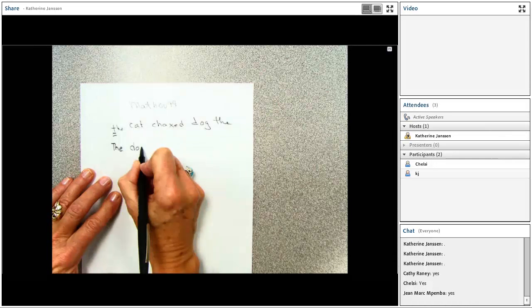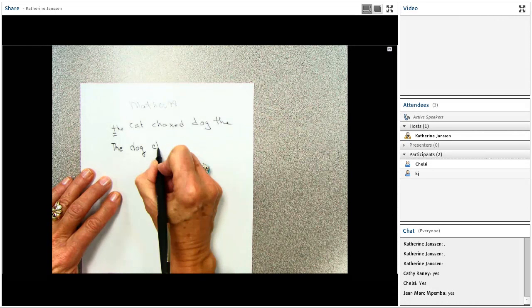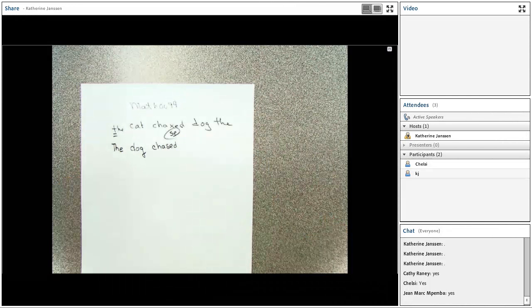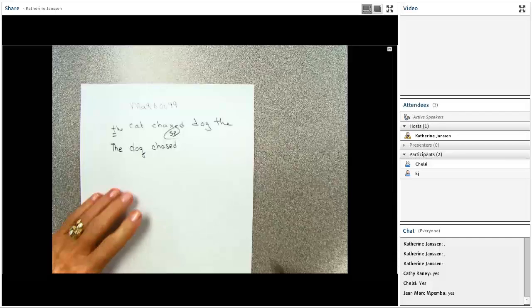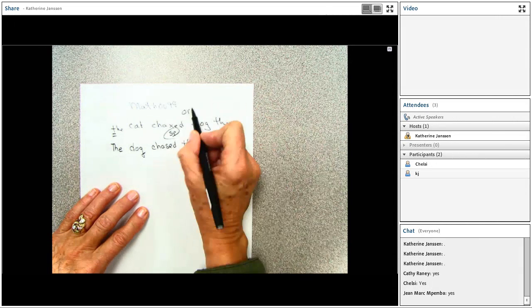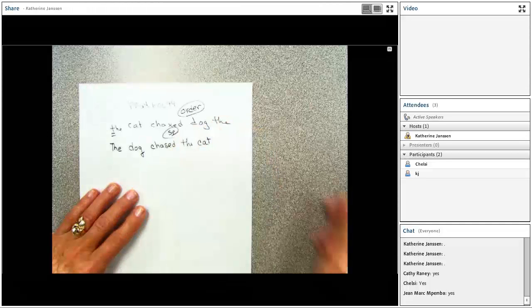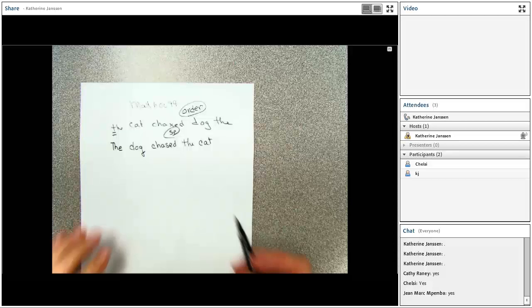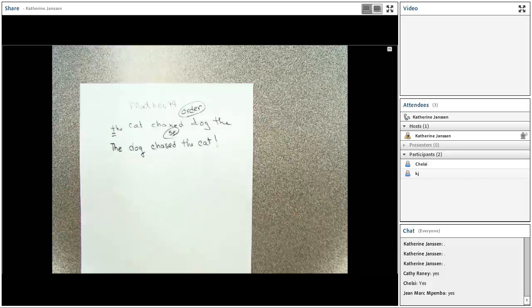Probably "the dog," right? "Chased," spelling error. The dog chased the cat. So the order had to be switched. And then, for a sentence, a question mark or an exclamation, we'd have some type of punctuation at the end of our sentence. So those are the rules we've learned over time for English grammar.